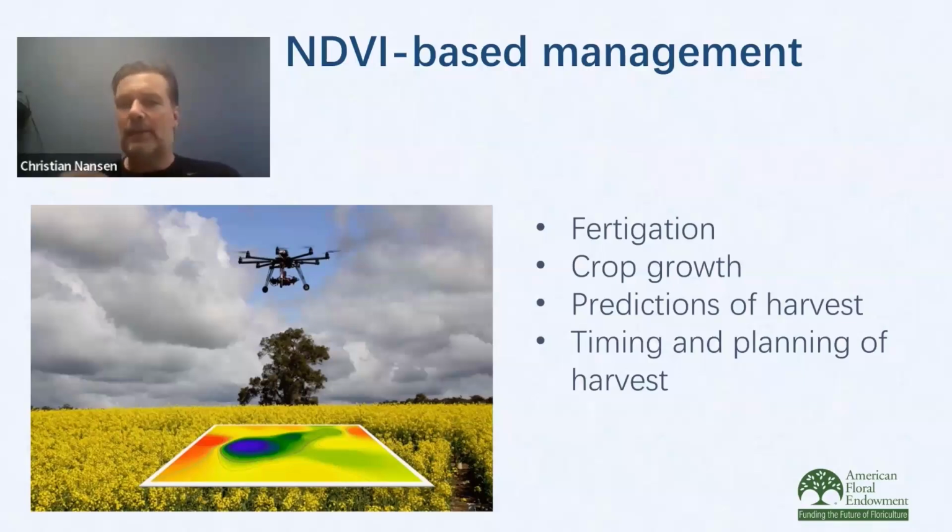So we can look at, if we're doing fertigation, are the plants being uniformly green across our fields, between fields and within fields? So greenness is something that can be picked up very, very reliably with an NDVI based imaging system.